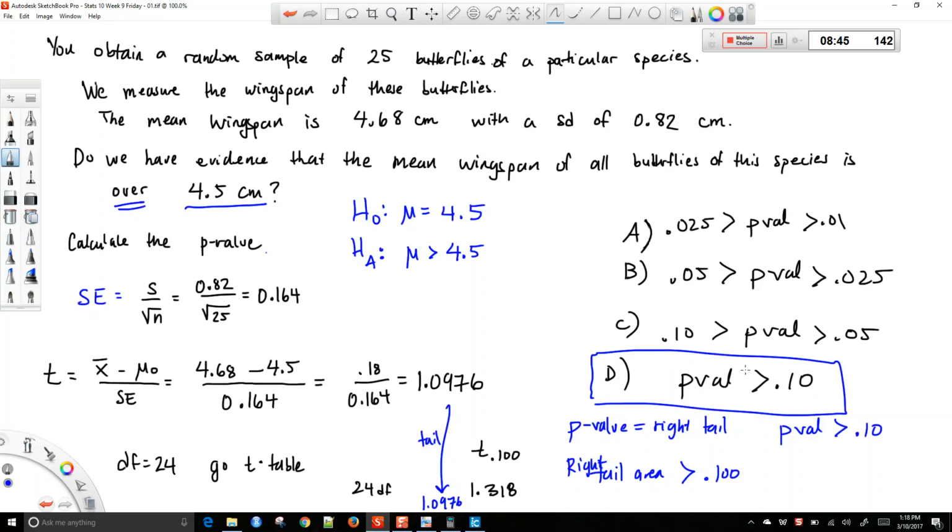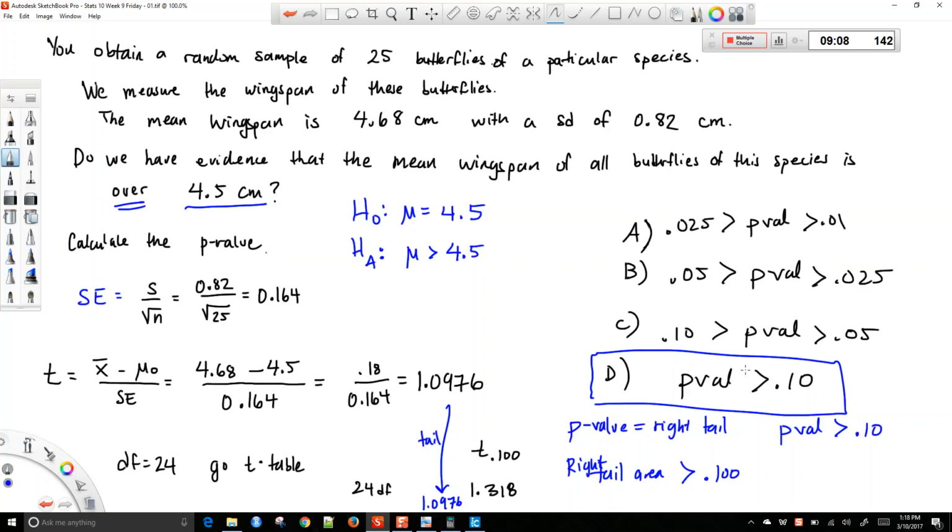We're doing a hypothesis test, and so you don't need a confidence level. You do need an alpha, and in our case, alpha is understood or assumed to be 5%. Okay. Any other questions? Yes.